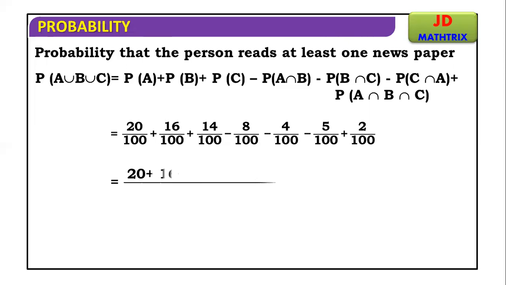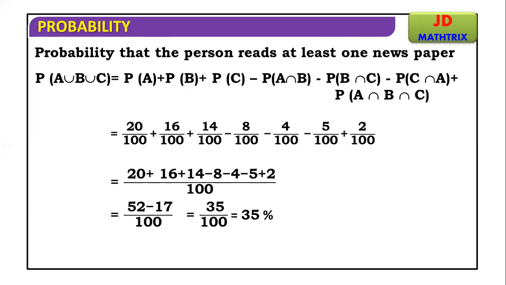So take LCM, that is 100 is the LCM. That is 20 plus 16 plus 14 minus 8 minus 4 minus 5 plus 2. So this is 16 plus 14, 30, 30 plus 20, 50 plus 2, 52, 52 minus 17. That is 35 by 100.